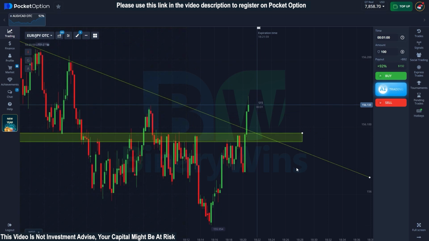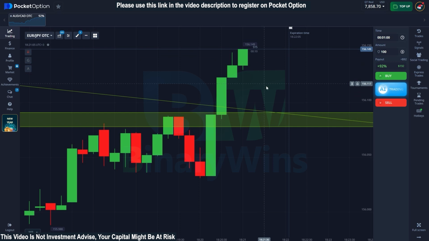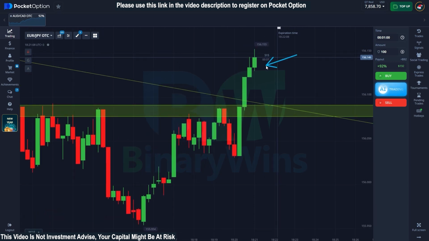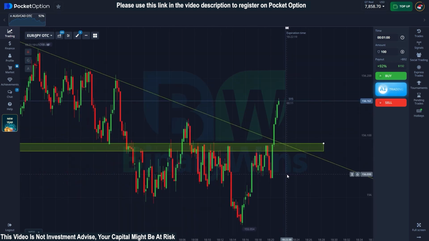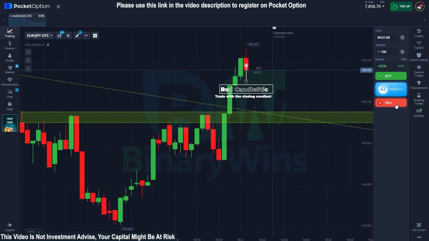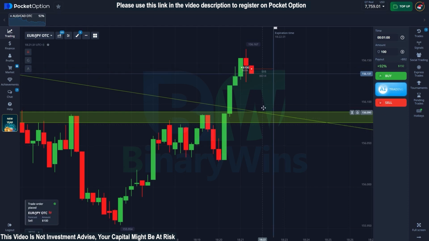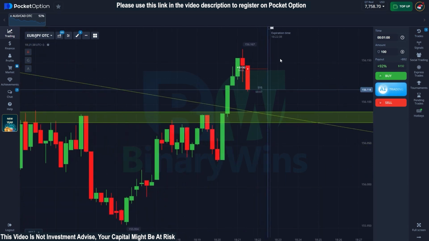Okay, I go to the 15-second time frame. And if a red candle forms for me, I enter a lower trade. Okay, and now you can see after seeing a red candle, I entered a lower trade.